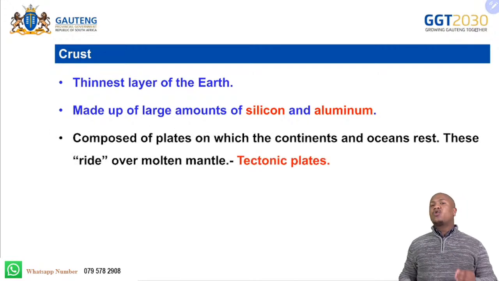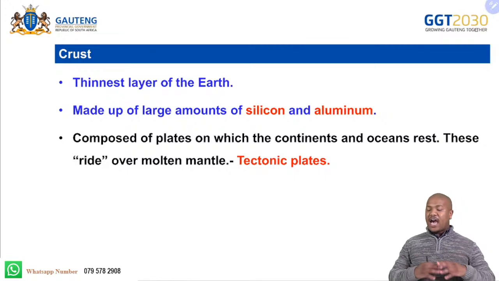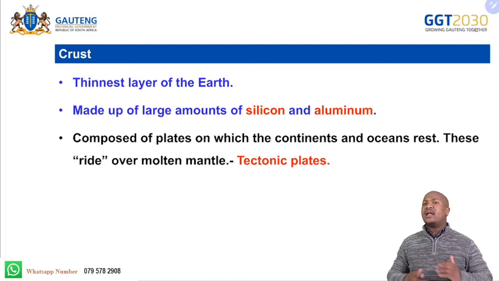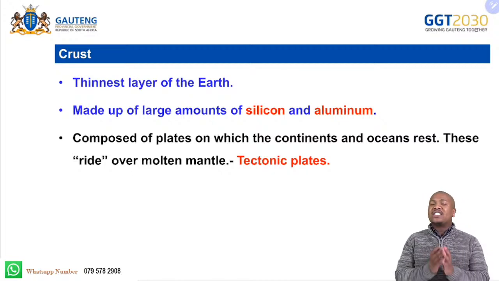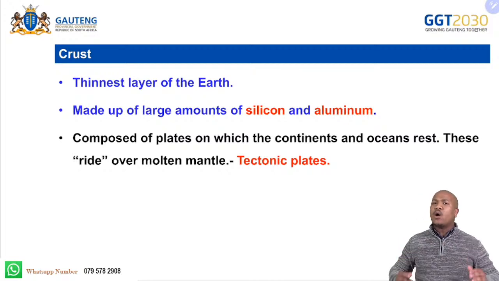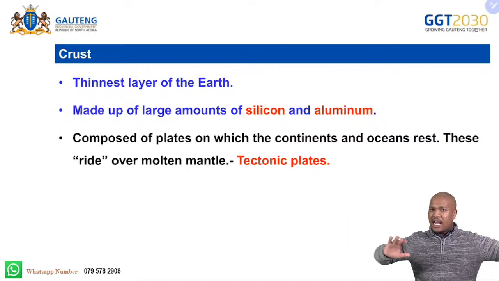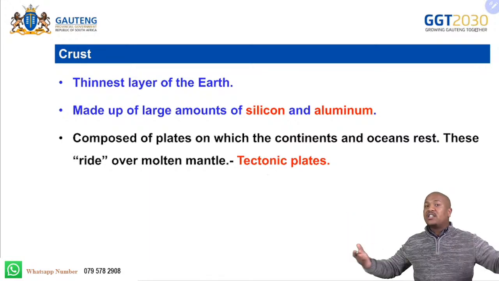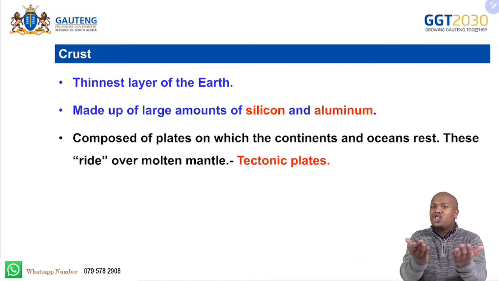Also, it is composed of plates on which the continents and oceans rest, and these ride over the molten mantle. Those plates are called tectonic plates. Sometimes we wonder why continents are so far apart. This is because of these tectonic plates drifting the continents apart or together.